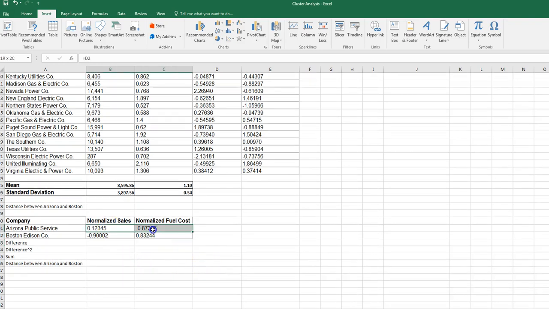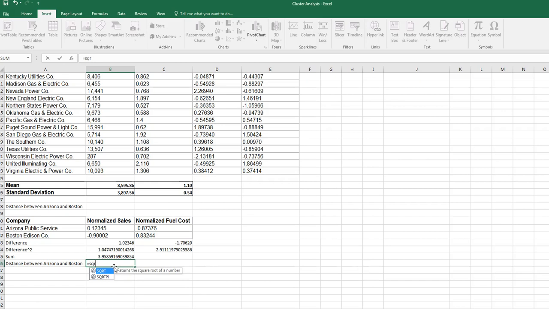Now, once we have these values for normalized sale and normalized cost between these two companies, we can find the difference. Drag this formula across. And once we have calculated the difference, we're going to square this up, and then add these squared differences to get the sum. And then finally, the distance would be the square root of this sum.